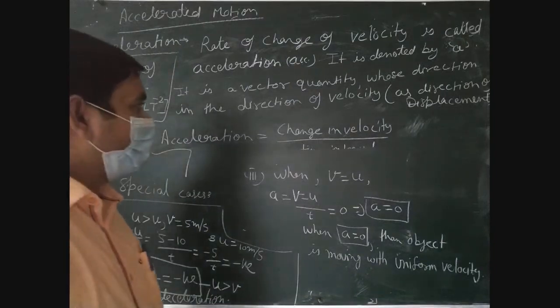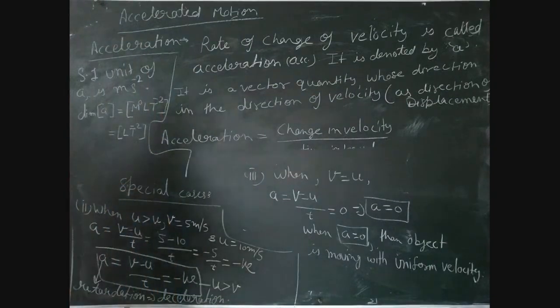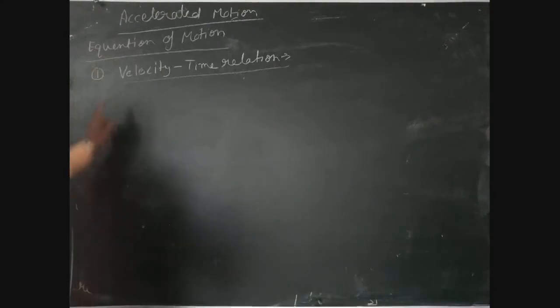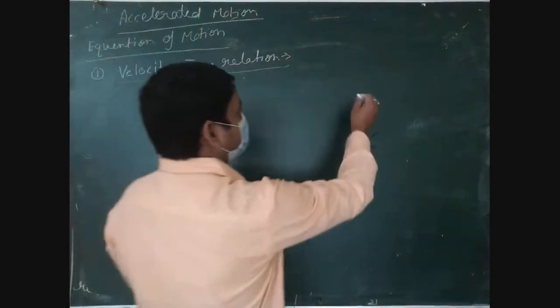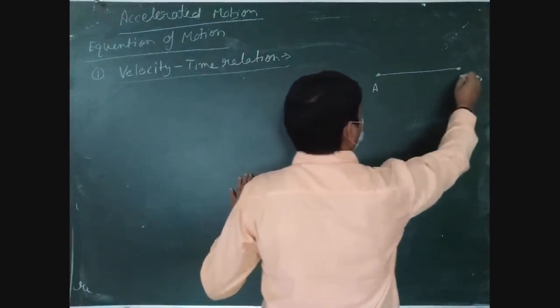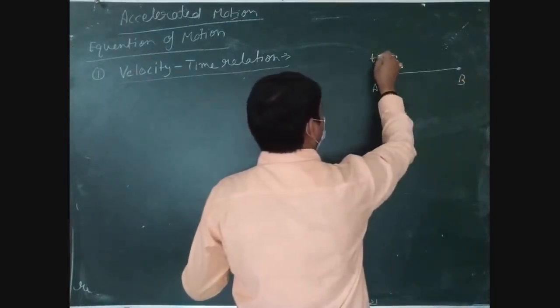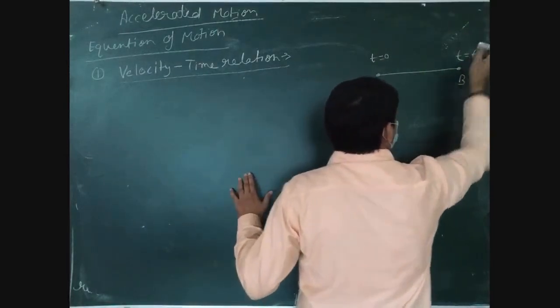Now we derive the equations of accelerated motion in a straight line. Okay, students, first we have the velocity time relation. Suppose an object is moving from point A to point B. Initial time is t equal to 0 and final time is t equal to t.